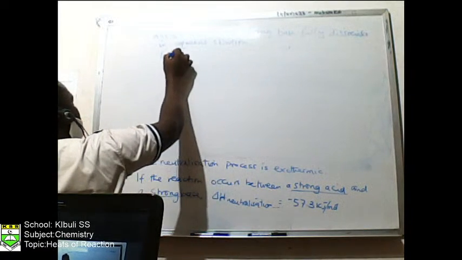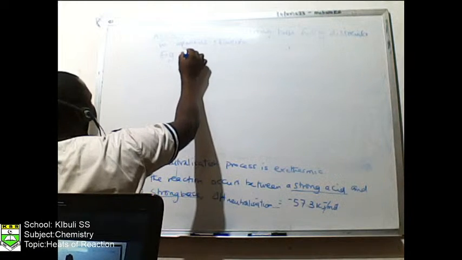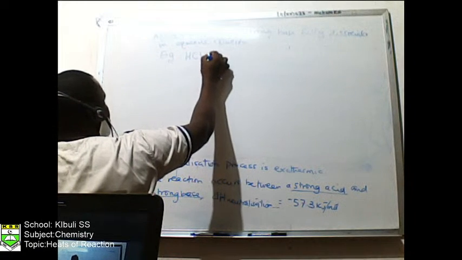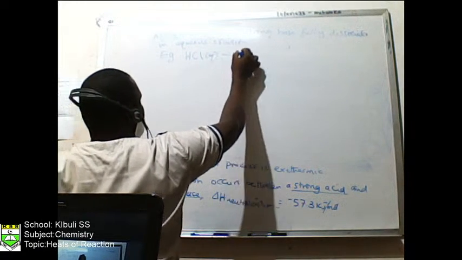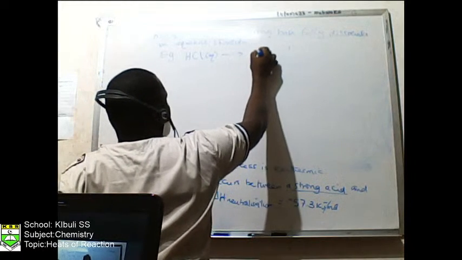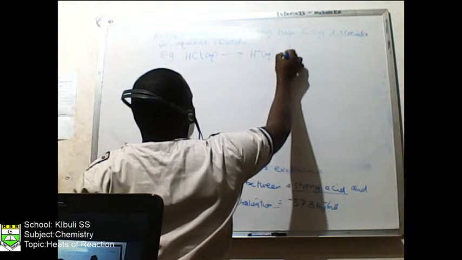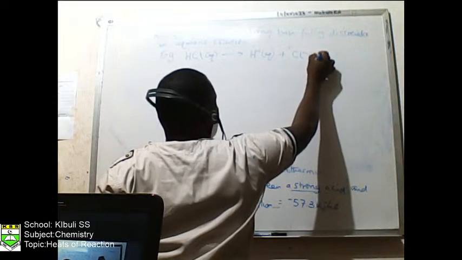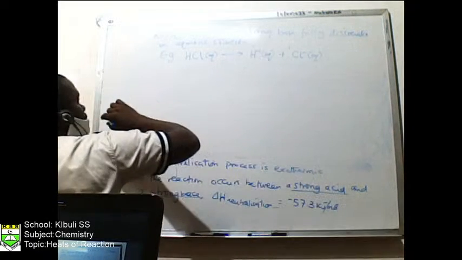As an example of a strong acid, we can talk about HCl, hydrochloric acid. Whenever it is dissolved in water, it will fully dissociate into hydrogen ions and chloride ions.